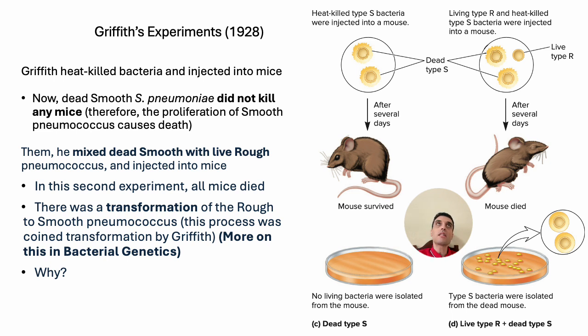But at that time, they didn't know anything about what this chemical being transferred was. They just knew it was some chemical inside the cells that was transferring this information and transforming this strain of very attenuated bacteria into a very aggressive bacteria.